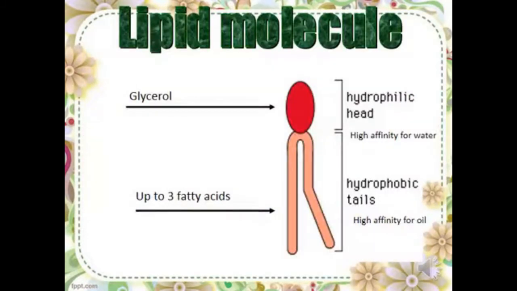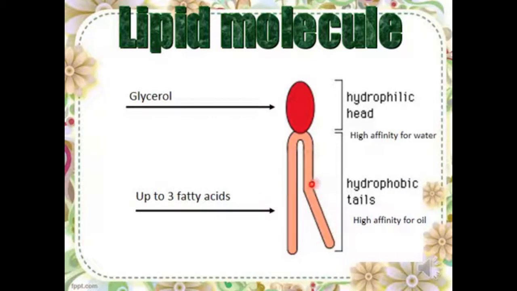So this is the general lipid molecule. The structure consists of a head part, glycerol, which is hydrophilic in character, and then the tail part, which is hydrophobic in character. And this tail part goes up to 3 fatty acids.